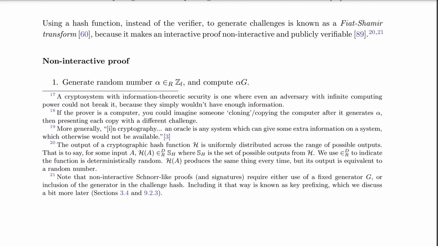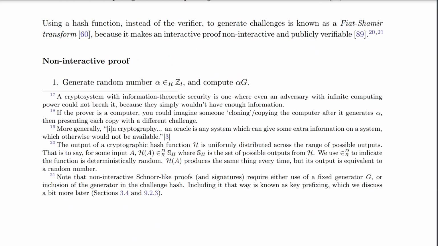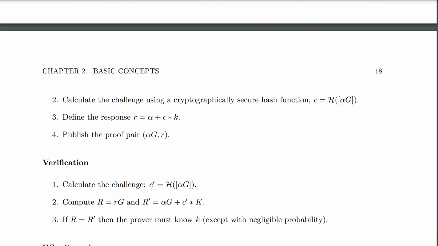All right, so with that established, we now are given this non-interactive proof version, this Fiat-Shamir transform, where we start very similarly, right? Again, this is just the prover going through this process. The prover generates the random number alpha that exists in the field we're interested in, computes alpha G, and then computes the challenge themselves using a cryptographically secure hash function.